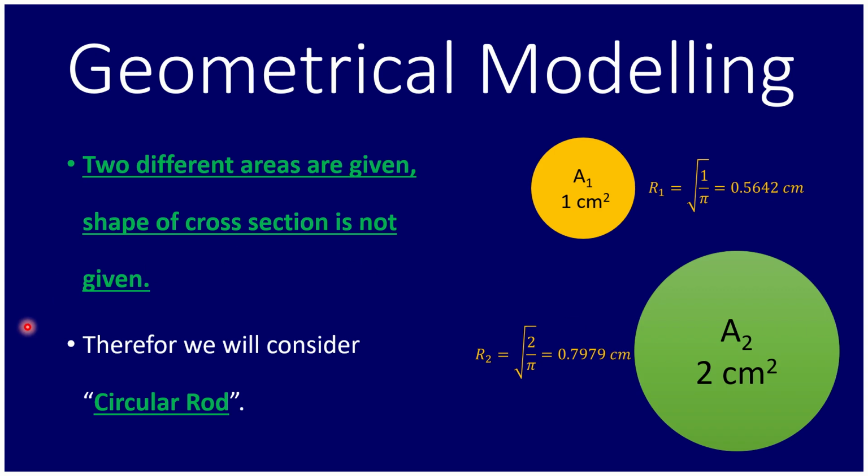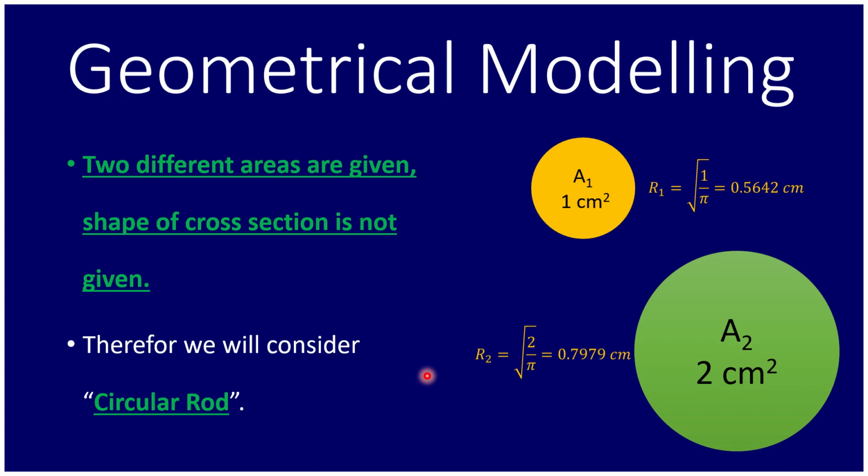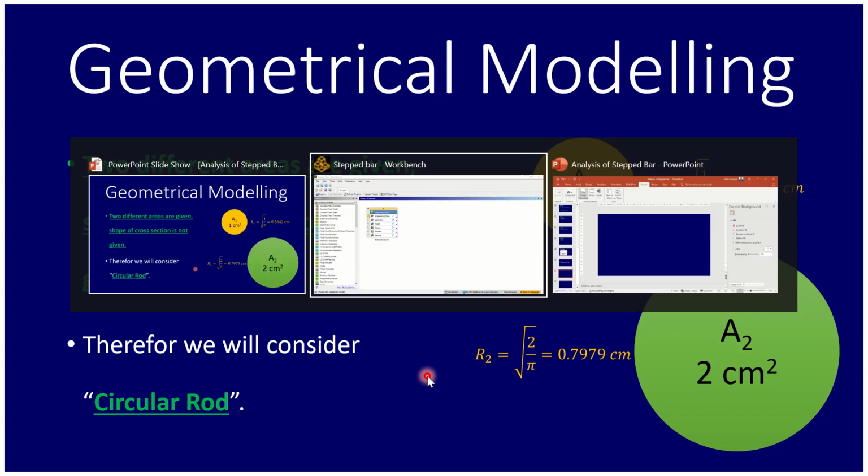Make sure, or remember, that we are considering a circular rod as a member, and the cross section area then will be circular, so we have to calculate the radii.